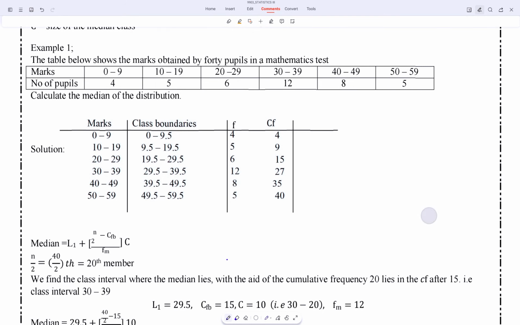We have, find the median mark of 40 students, also 40 students. So we have 10 to 19. Let me just try to edit this so that I would not have to write a new thing. Let's edit these parts. You can try this as a class exercise.